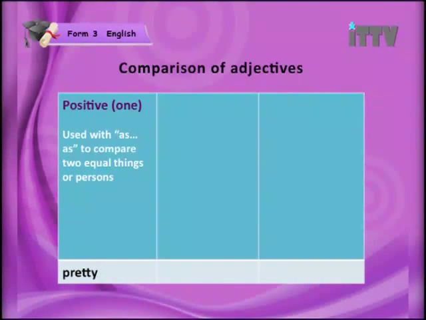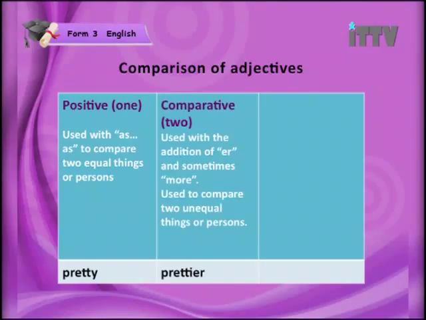Now, positive used with as, dash dash, as, to compare 2 equal things or persons. The adjective here is pretty. Now look at the comparative. You're comparing 2 people here, and used with the addition of er and sometimes more. Used to compare 2 unequal things or persons, and the comparative of pretty is prettier.